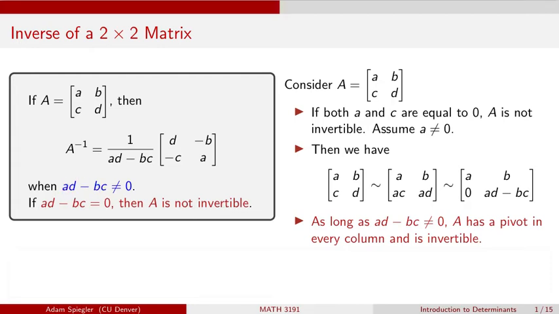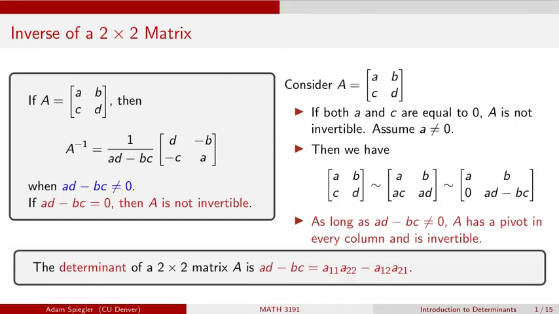So this quantity, the product of the diagonal entries AD minus the product of the off-diagonal entries BC, determines whether this matrix is invertible or not. This quantity AD minus BC is what we call the determinant of a 2 by 2 matrix.